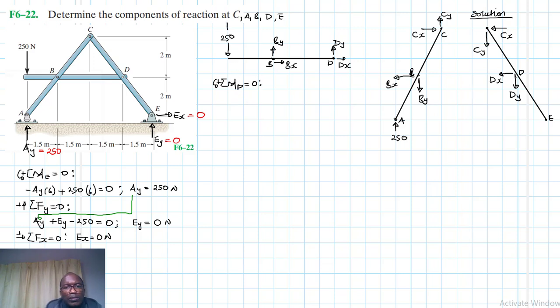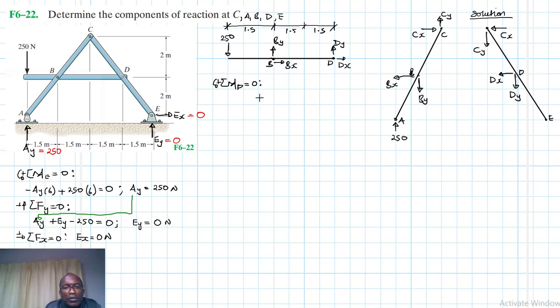What do we have? These distances, we didn't take note of them. So this is 1.5, and this one here is also 1.5.